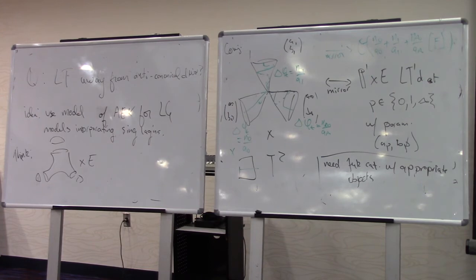And what you now hope is that, to get your Dolgachev surfaces, you're going to do some log transforms to this space, and you hope that you can glue on this object to your mirror space here.